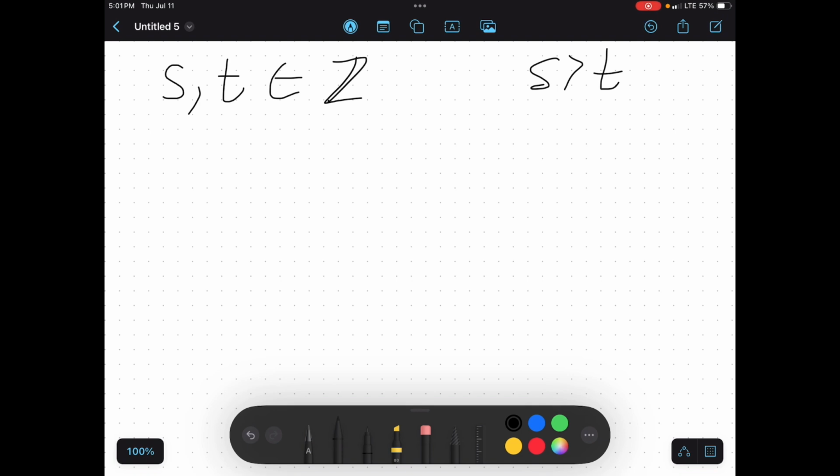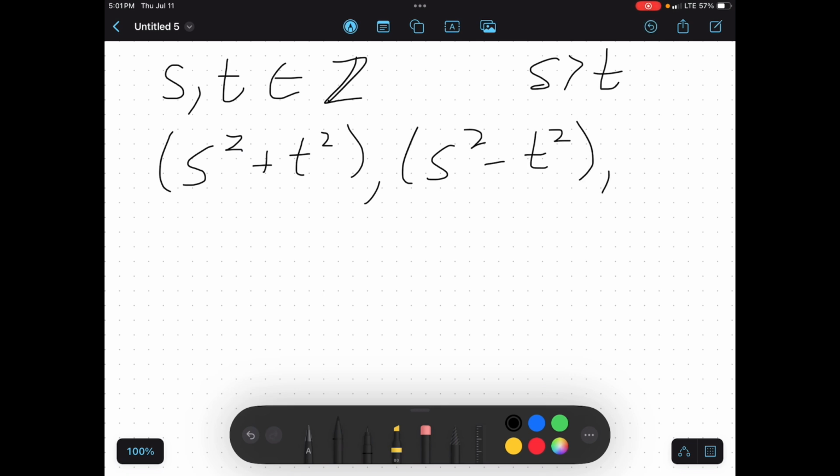Now, with this being the case, we can generate 3 values. One is going to be s squared plus t squared. I'm not putting that in parentheses. I'm going to have a second value of s squared minus t squared. Oops, I wrote a 2. S squared minus t squared. And the last one is just going to be 2st.